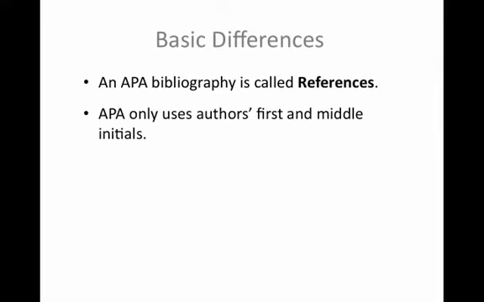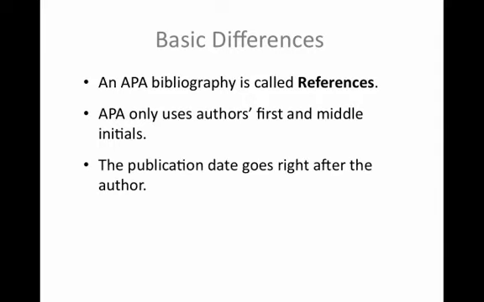APA, as I've said repeatedly, only uses initials for first and middle names. The publication date goes right after the author, whether we're in the in-text citation, whether we pull the author out of the parentheses, whether we're talking about the references, it's always author, year, author, year. They are married, and they're very fond of each other because they go everywhere together.